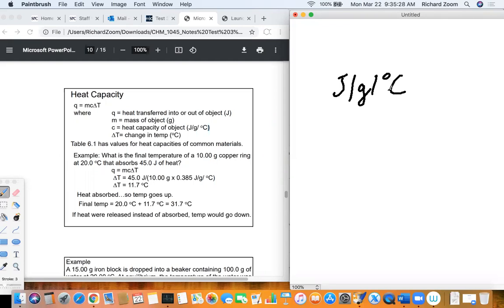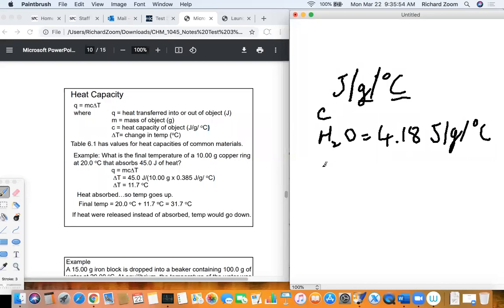Okay, joules per gram per degree Celsius. So grams of material, degrees Celsius of material. That's what heat capacity is. Water is 4.18 joules per gram per degree Celsius for c. And most metals, generally speaking, are less than 1 joule per gram per degree Celsius.